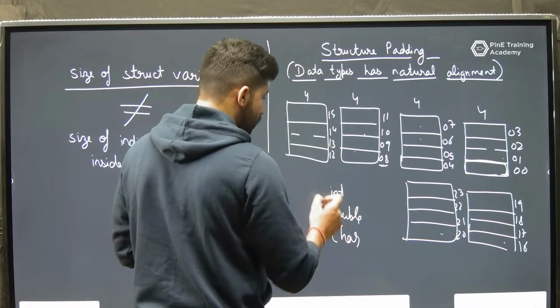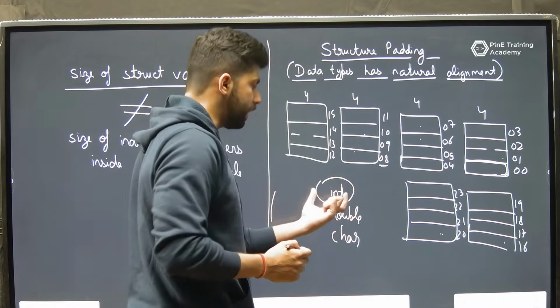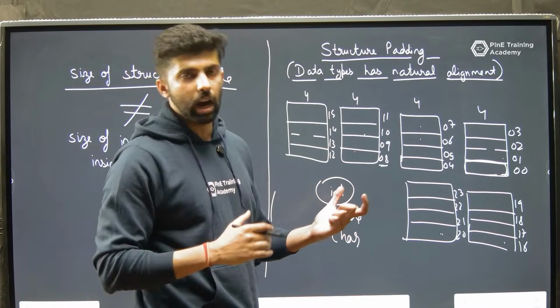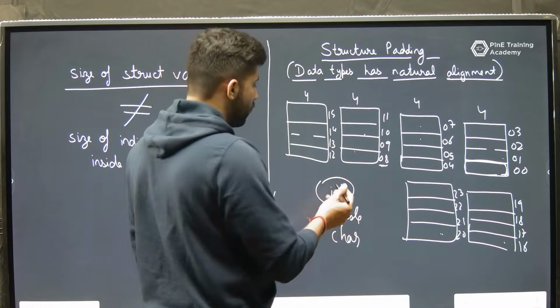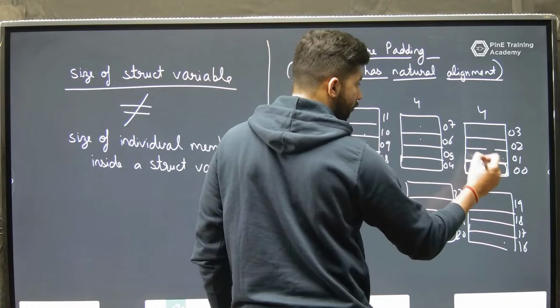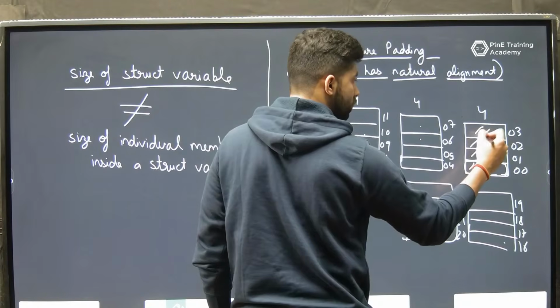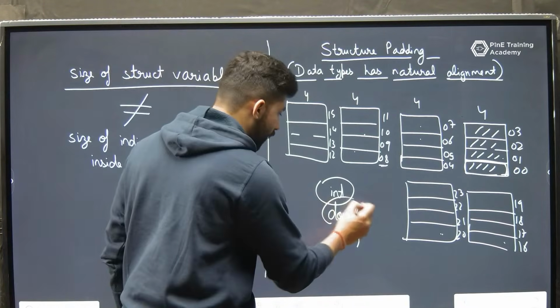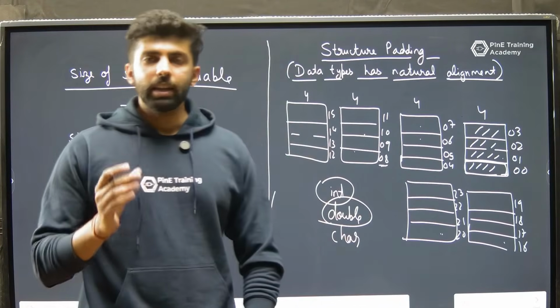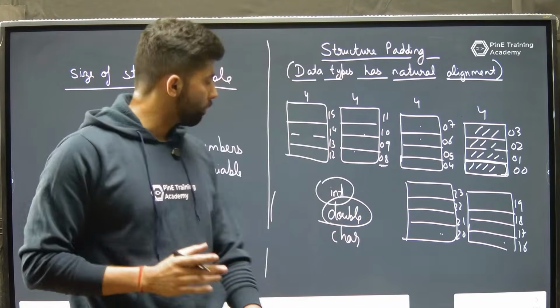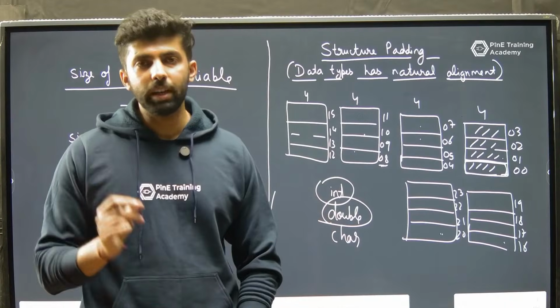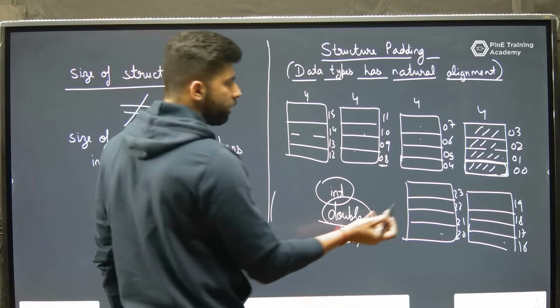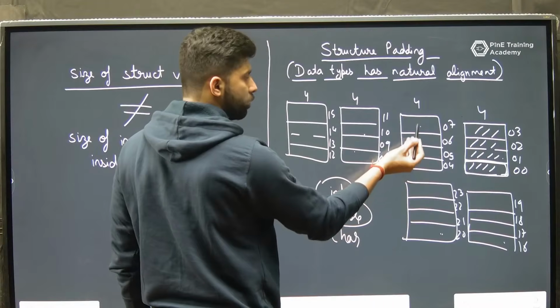First, we have integer. Integer is of 4 bytes. It can start with the multiple of 4s only. So we can store int at these 4 bytes. These 4 bytes will have int. Next we have double. Now double can be stored at memory locations which are multiple of 8. So we cannot store double from these positions.